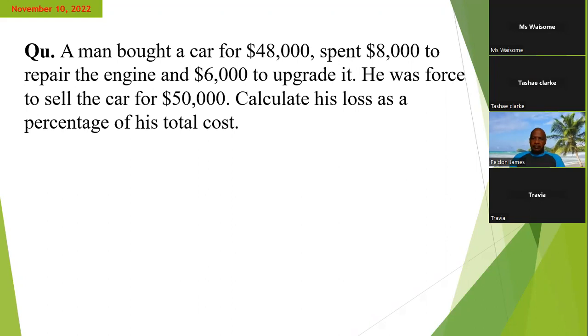So I'm not quite sure, but I think the first part of it, you're going to add the 8,000, the 6,000 with the 48,000, because I think it will come in as a cost price still. All right. So you would have purchased a car for 48,000.